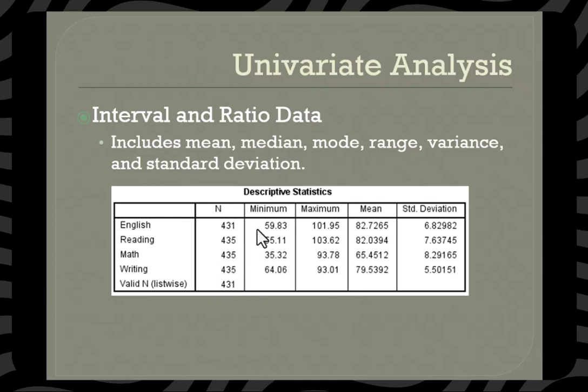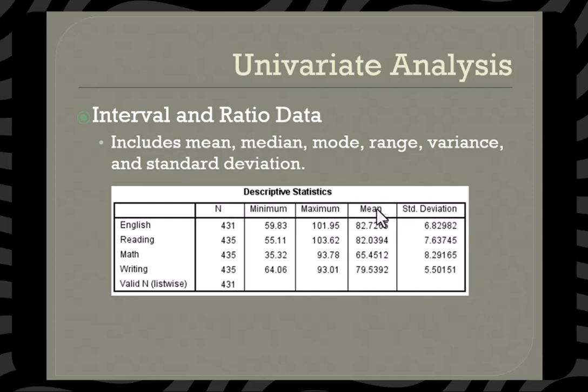We have the minimum, so that's the lowest score for each of these. The maximum, or the highest score for each of these. The mean, which is the average, taking each score from each individual person, adding them up and dividing by the total number of scores. And the standard deviation, which is a measure of how far apart our data is.